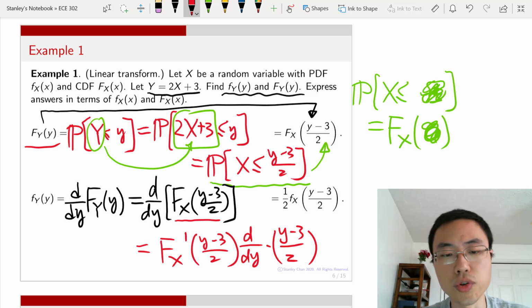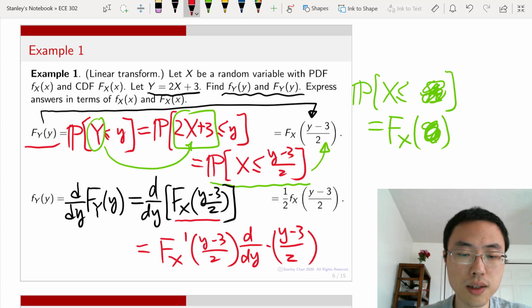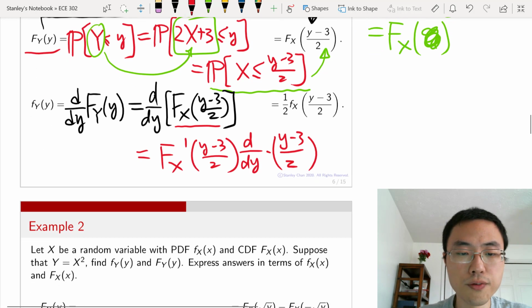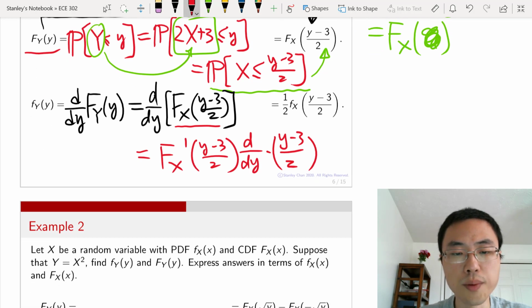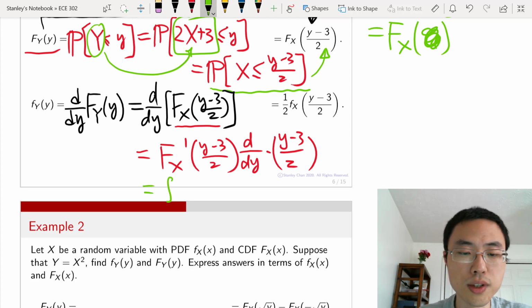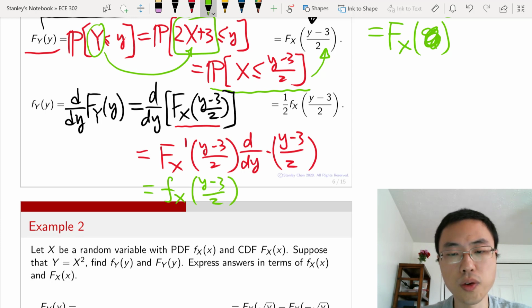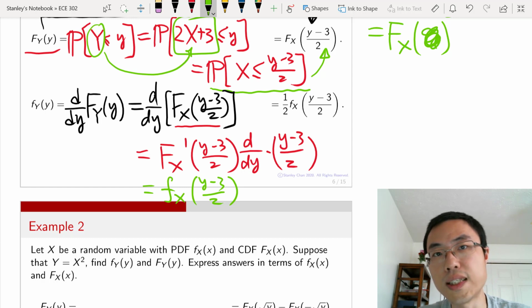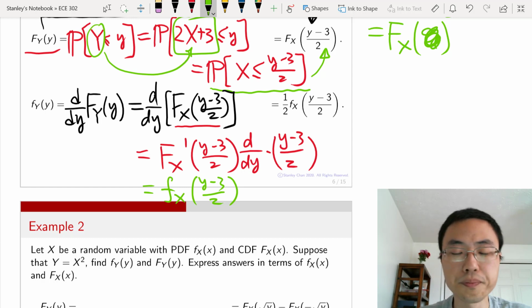That's the chain rule. The chain rule says that I'm going to take the derivative of the outer function, and then I'm going to take the derivative of the inner function. The outer function is what? The outer function is just Fx prime, but Fx prime, if you recall, is just fx at y minus 3 divided by 2. Why? Well, this is because the derivative of a CDF is exactly the PDF. And then what is this term?